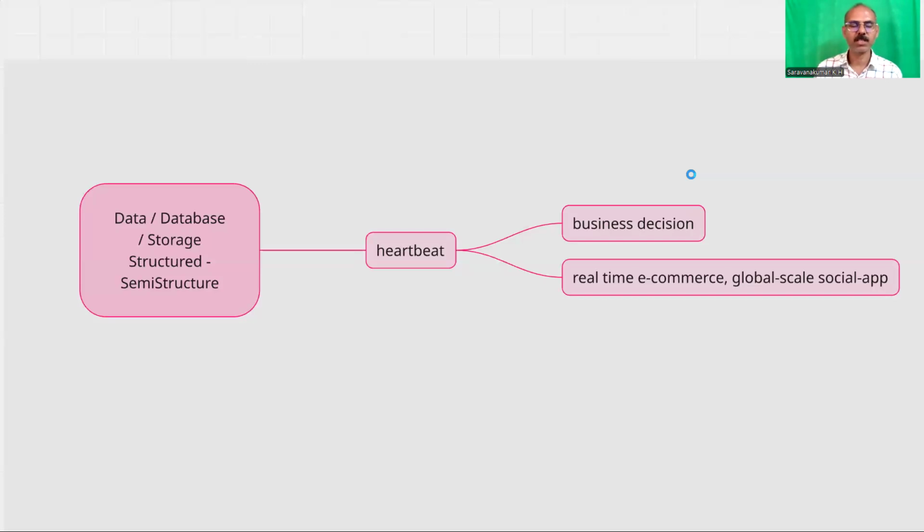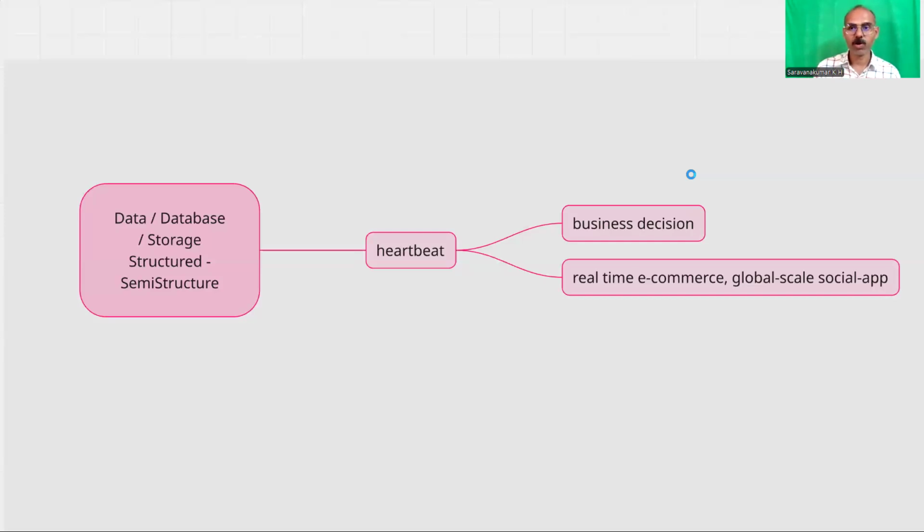All these business decisions come from data, such as real-time e-commerce and globally scaled social applications. In this video, we will mainly be talking about structured and semi-structured databases.